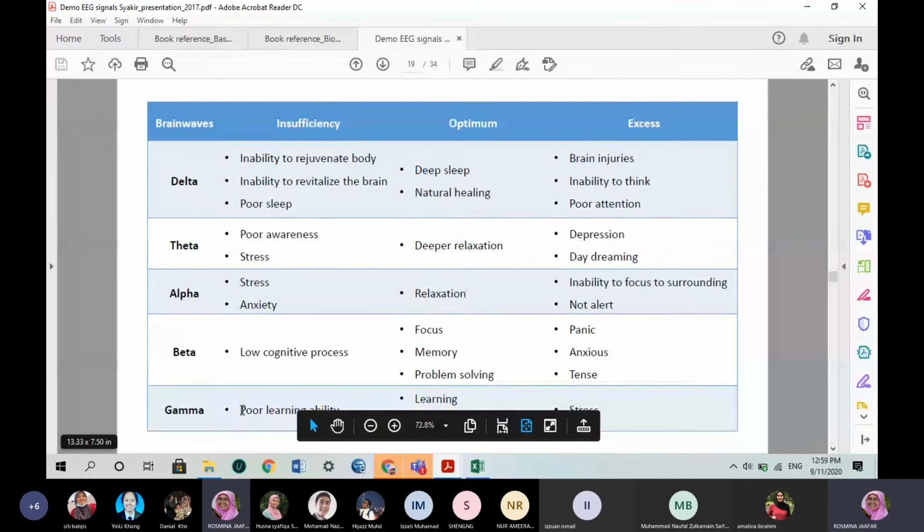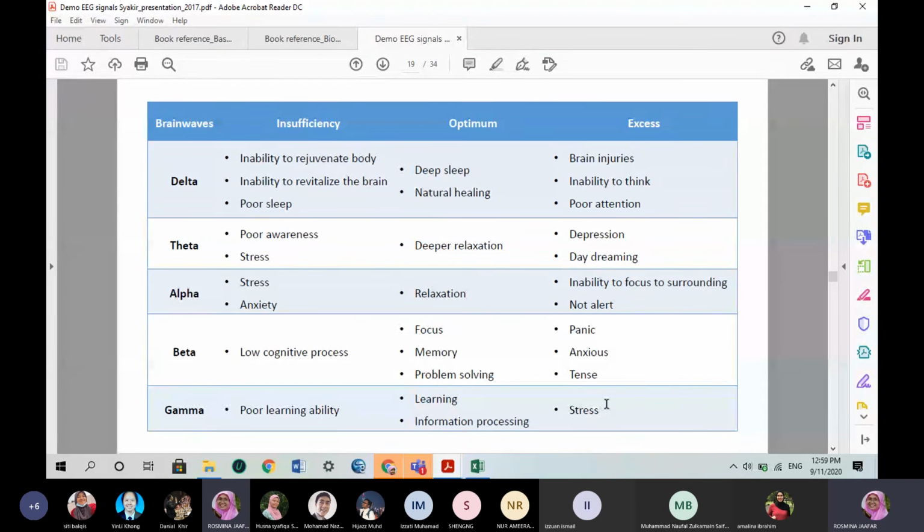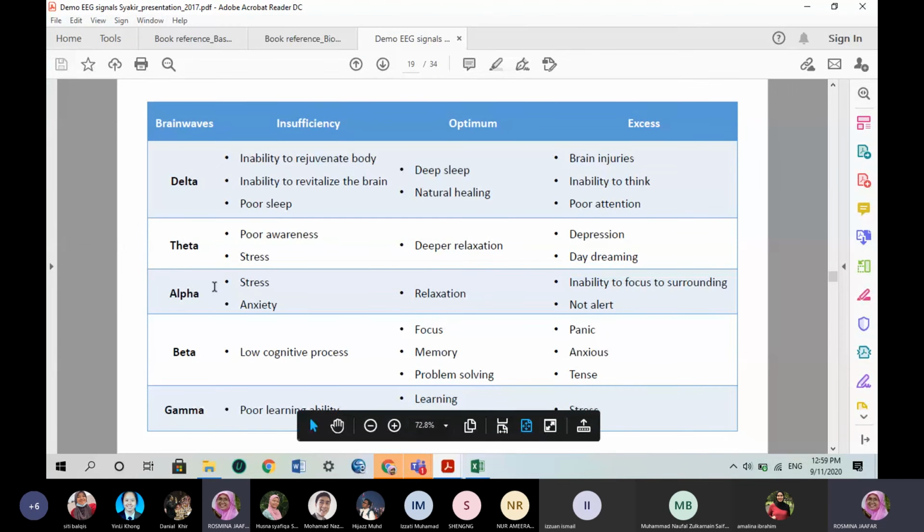Gamma wave is mostly important for the learning process. If too much gamma, that is an indicator of a stressed person. If alpha is too little, stress also. But if too much gamma, that is also an indicator of stress.